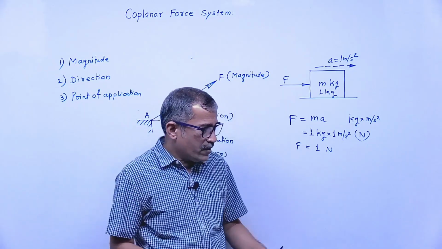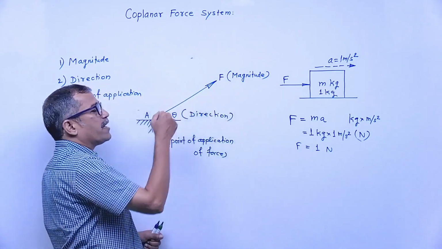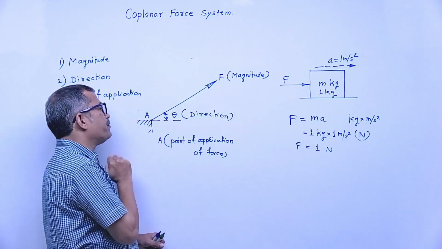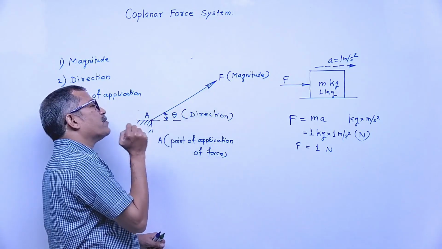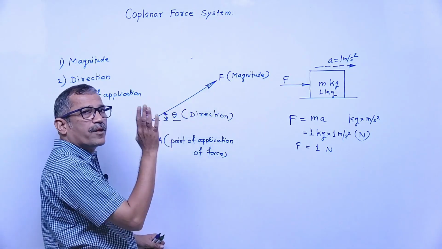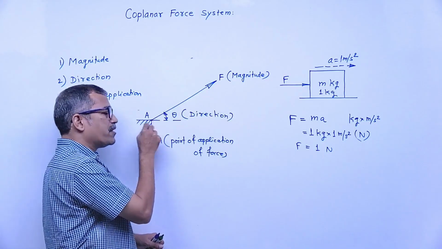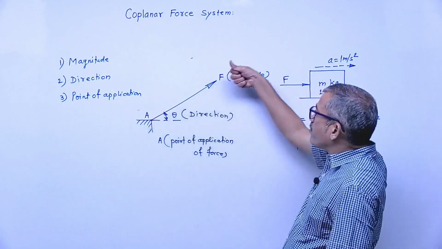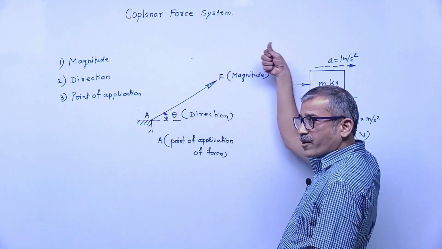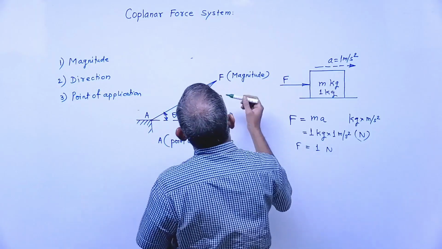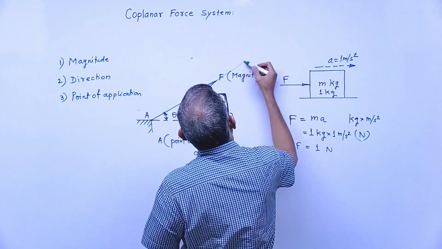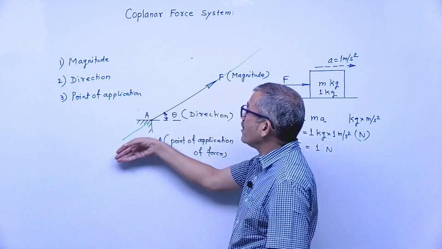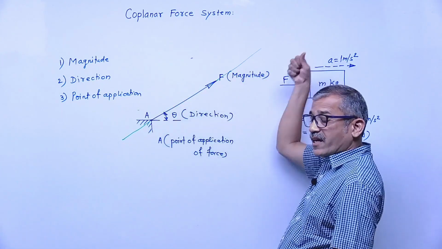Clear? Now just imagine this is one body and the force is acting like this. Say there is a rope, cable or thread, one end is fixed here, and to the other end I apply force. If I extend this rope or cable or thread, you can say this is a line along which the force is acting.